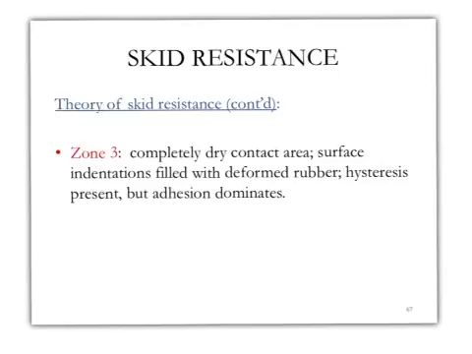Hysteresis is present, but the adhesion really dominates. So going back again to the 3 zones, zone 3 is the complete dry area where the adhesion will dominate. Zone 1 is the worst case scenario, there is a thin film of water, and we're hoping to depend on some of the hysteresis that will be present in that area.